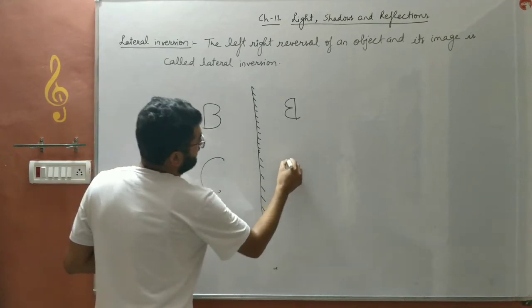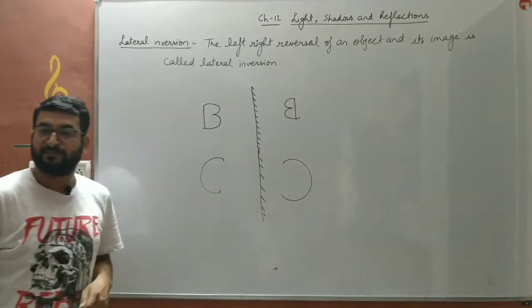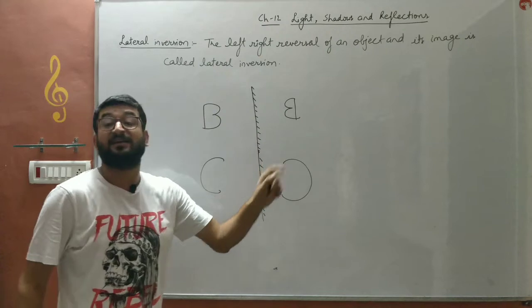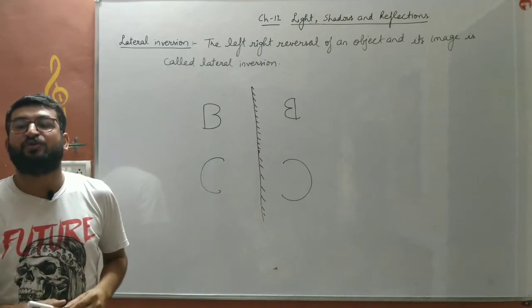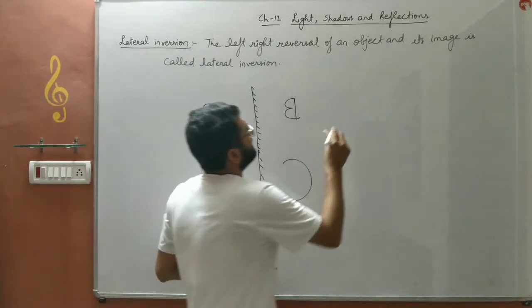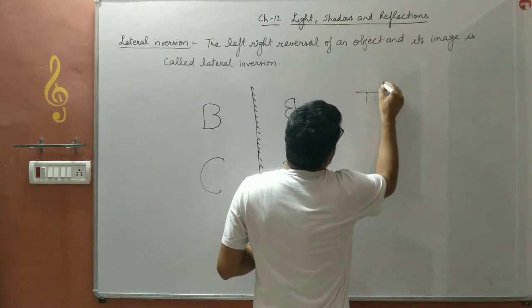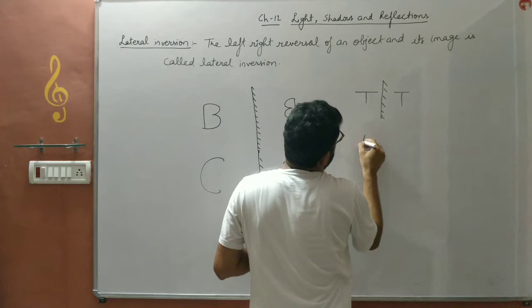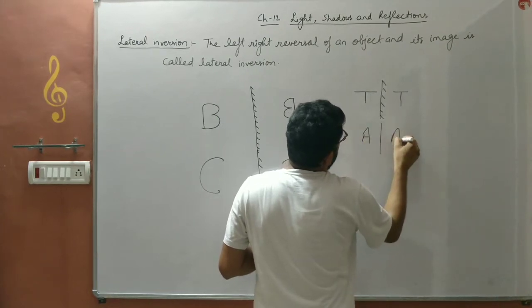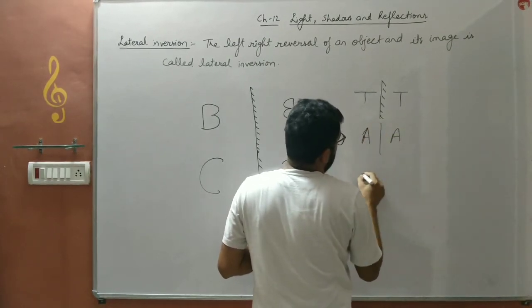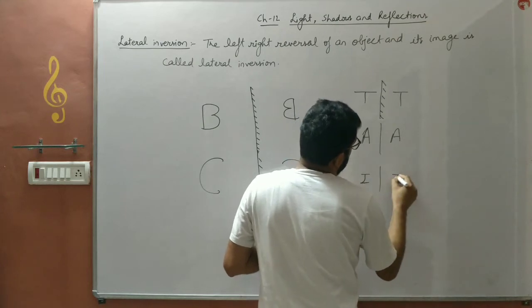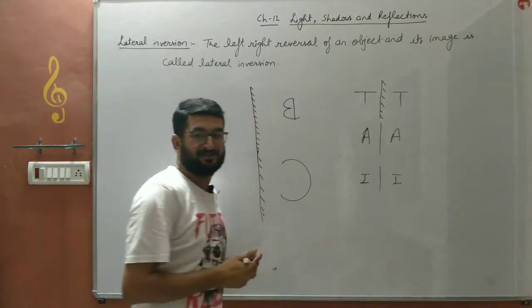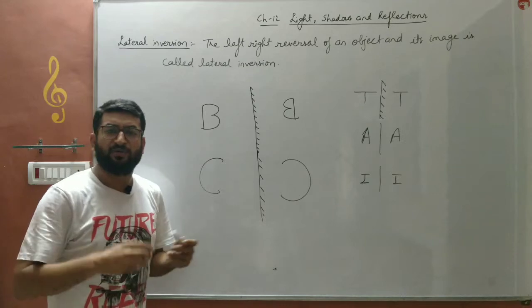C is represented as this. So this left-right reversal is known as lateral inversion. Only a few alphabets remain as they are, like T, A, I, U, V. They do not laterally invert.